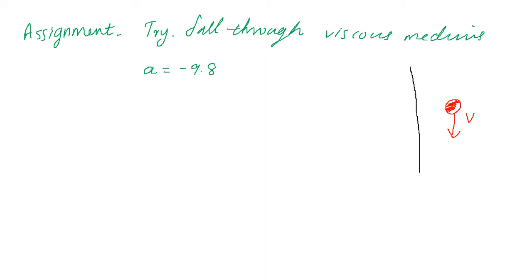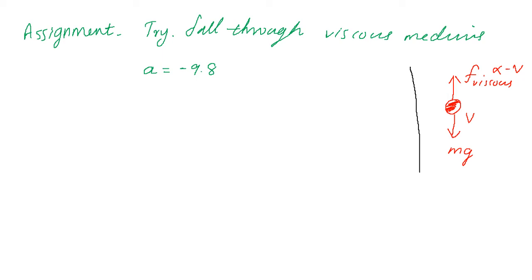What happens is it experiences a gravitational force mg, as well as an upward force called viscous force. And this viscous force is proportional to its velocity and is in the opposite direction of velocity.